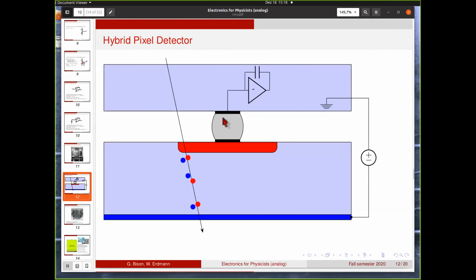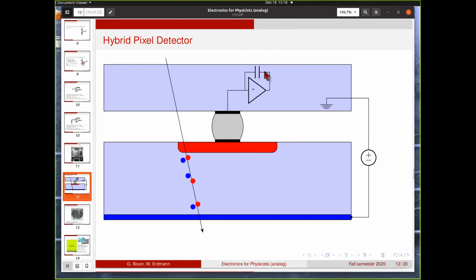And then that looks a bit like this. For a pixel detector, for instance, you have the sensor here, so the diode with the N implant and the P implant, and then you attach directly to that a readout chip using so-called bump bonding. So there's a small indium ball sitting on top of the detector that connects the sensor with the electronics, and here you have your amplifier with negative feedback.